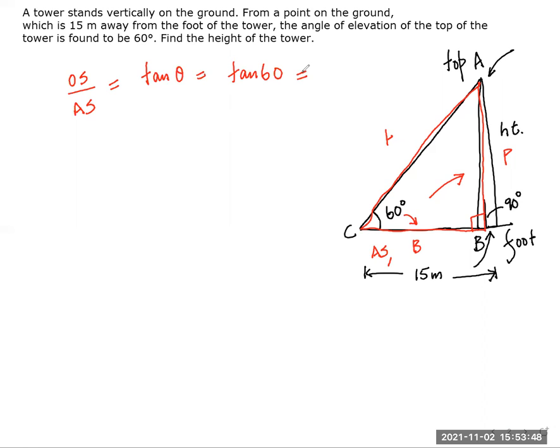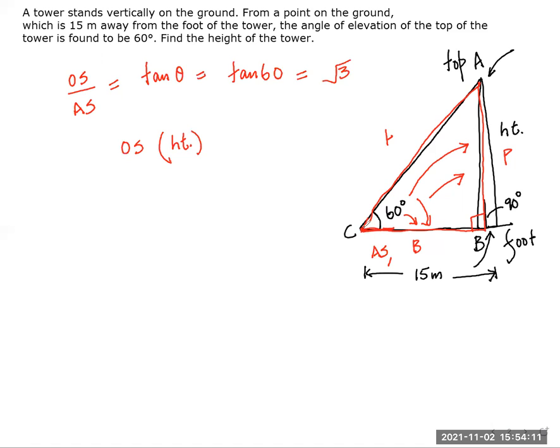What is the value of tan 60, students? Under root 3. Beautiful. So from here we will get OS. OS is the opposite side, that is the height. Opposite side means opposite to this theta. To this angle, this side is opposite, this side is adjacent, because this side CB is touching this angle.